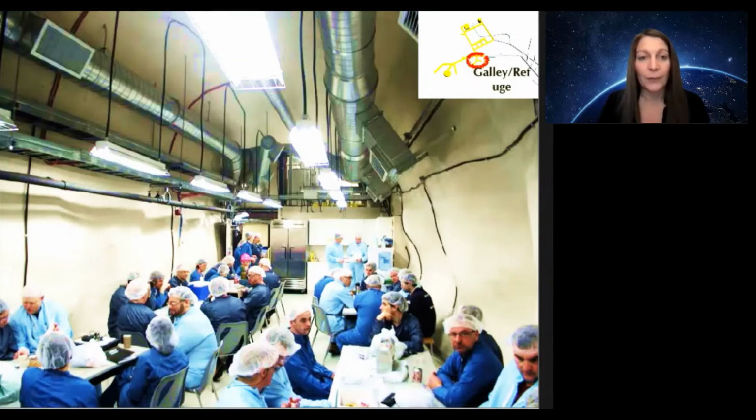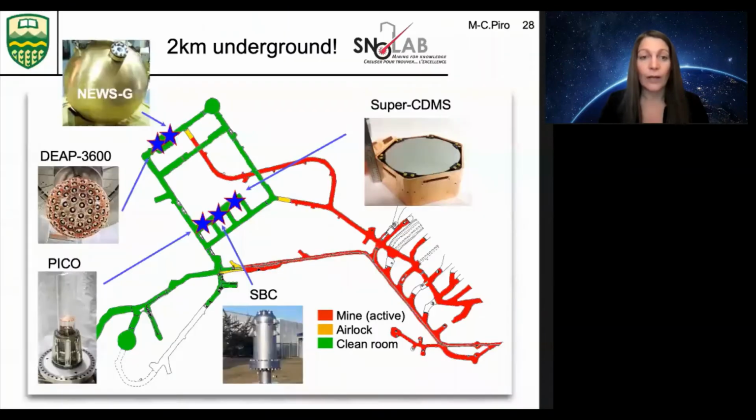So the gallery underground looks like this, where you have here in green all the clean room laboratories, and as you can see, many detectors are installed underground to detect dark matter. They collect data that needs to be analyzed in order to know if dark matter has been detected or not.